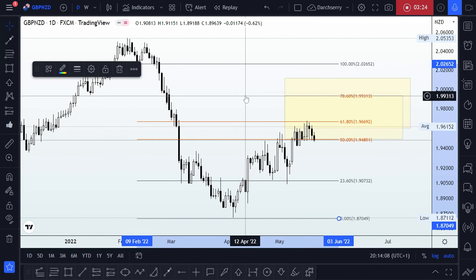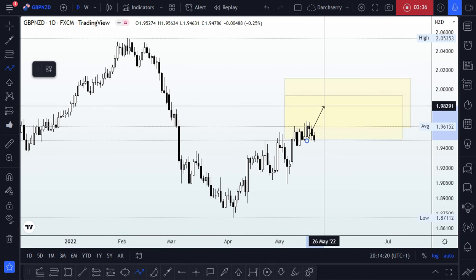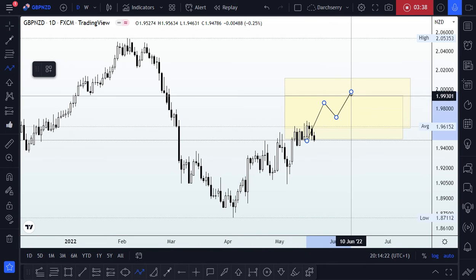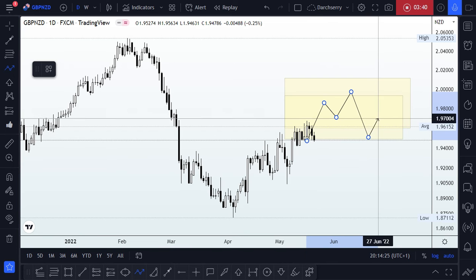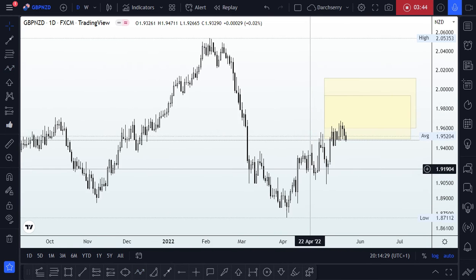So that is that. Right now, what next do we want to be doing at this point? Now that we've identified the golden zone area, there is a possibility that price can still go further up into this area, and then we look for an opportunity to take advantage of a downtrend continuation.